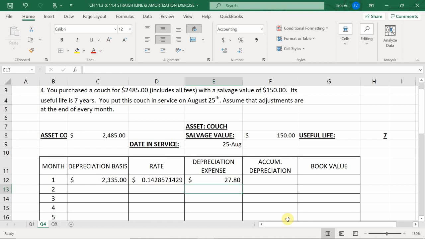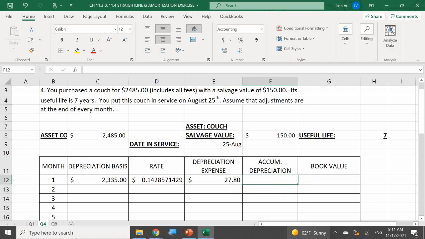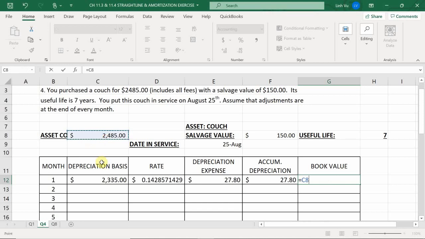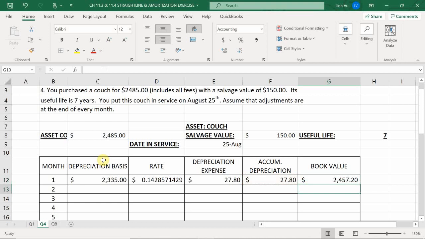So then my accumulated depreciation is also going to be $27.80. So then what is going to be my asset cost at the end of the first month of depreciation? I'm sorry, book value. I said asset cost. $2,307 and just 20 cents.